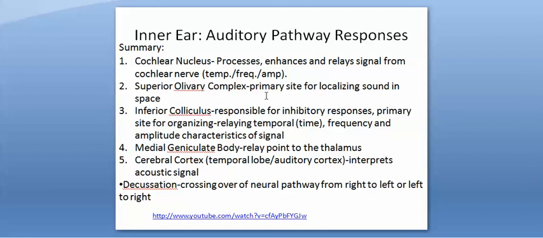And then it's being organized in terms of time, frequency, and amplitude, and then travels to the medial geniculate body, which is really just a bus to send that information to the thalamus, and the thalamus then is the bus station sending that information to the temporal lobe, specifically the auditory cortex, where that acoustic signal is interpreted in a conscious way. So remember, decussation is that crossing over of the neural pathway. And there's another link for you guys to watch.